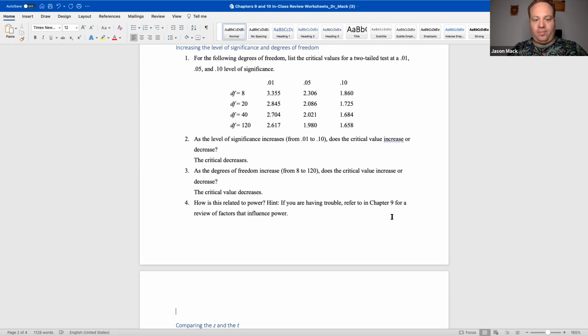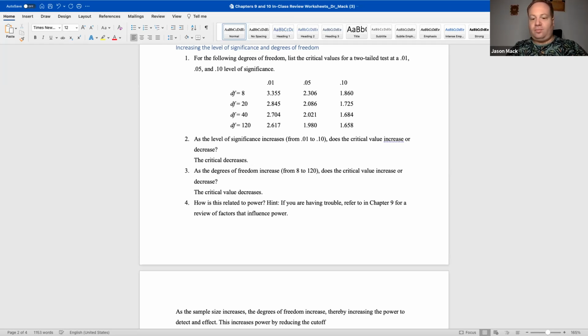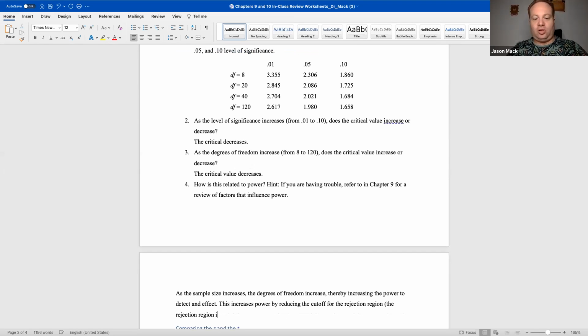What you want to think about is that as the sample size increases, the degrees of freedom increase, thereby increasing the power to detect an effect. This increases power by reducing the cutoff for the rejection region. The rejection region is larger.